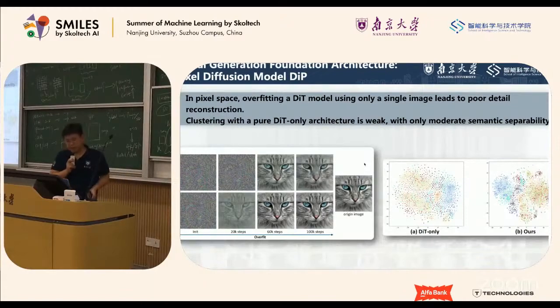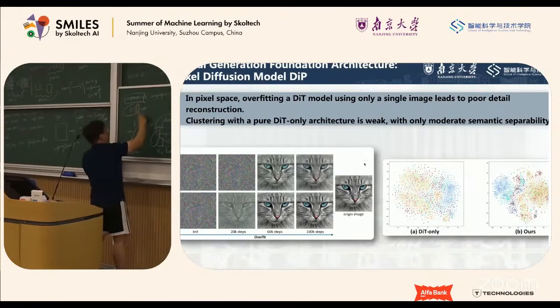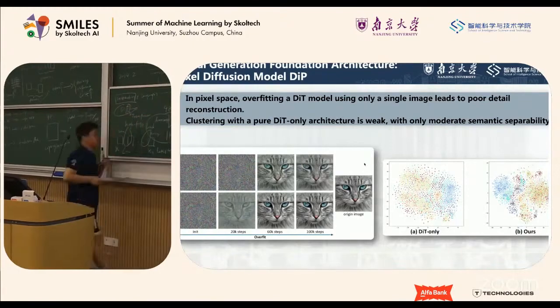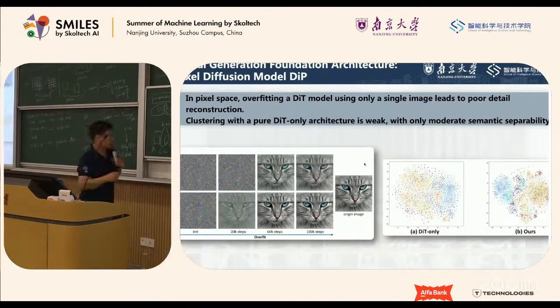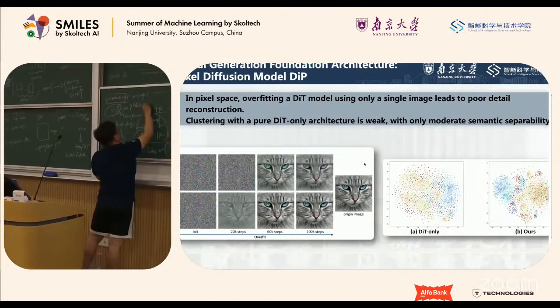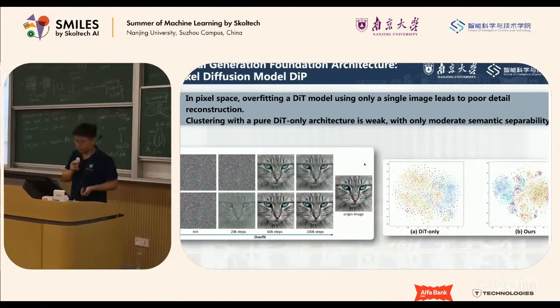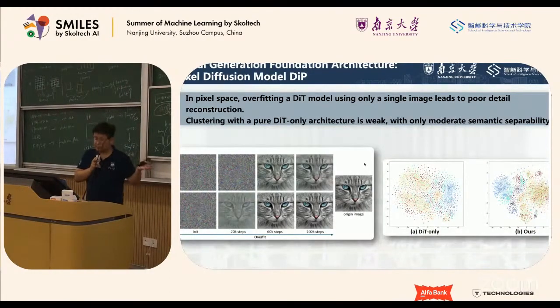So this suggests that the global modeling, so we know that in DiT, in transformer especially, because of the self-attention design, the global modeling is very good. However, the transformer architecture does not explicitly model the local part.